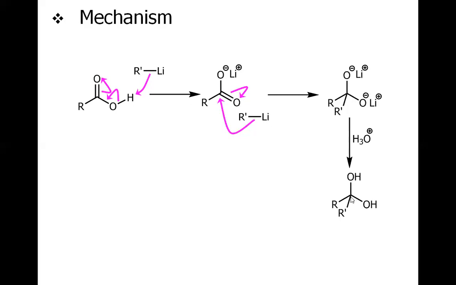And if you recall, when we were discussing the reactions of aldehydes and ketones, when we add water to an aldehyde or ketone, we have this gem diol formation, and the reaction is quite reversible. So since we have the acid present, this gem diol will give us this ketone as our desired product.